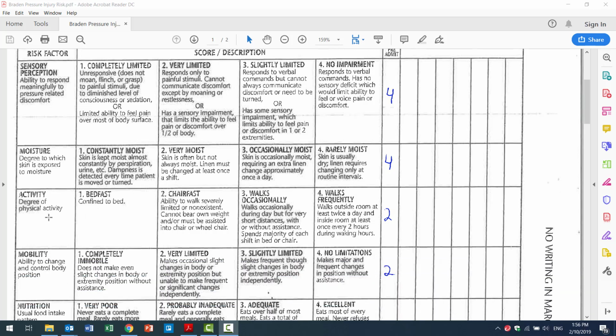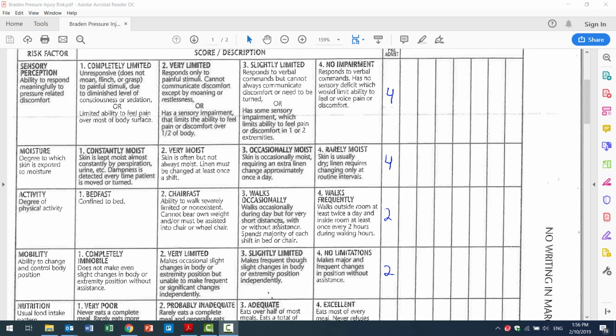Activity, the degree of physical activity. If a patient is bedfast, so confined to bed, they would be a 1. Chair fast, so their ability to walk is severely limited or non-existent. This would also include patients who can only pivot transfer, and patients who cannot bear their own weight or must be assisted into a chair or a wheelchair.